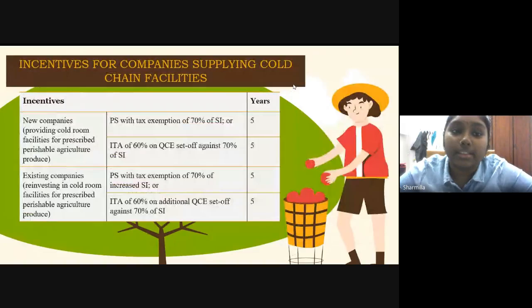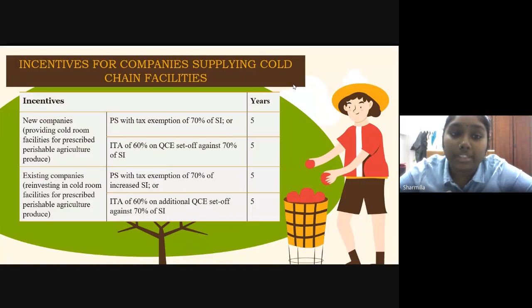The third is incentives for companies supplying cold chain facilities. For new companies that provide cold room facilities for agriculture products, companies with pioneer status will receive tax exemption of 70% of the SI for 5 years, or for ITA companies, they will get 60% on QCE set off against 70% of their SI for 5 years also.